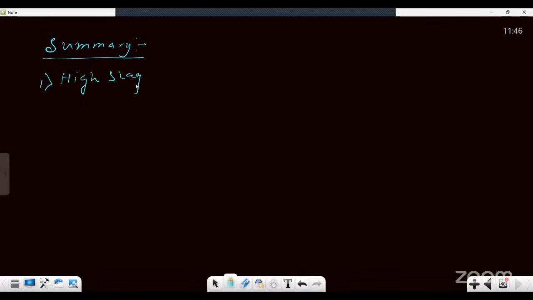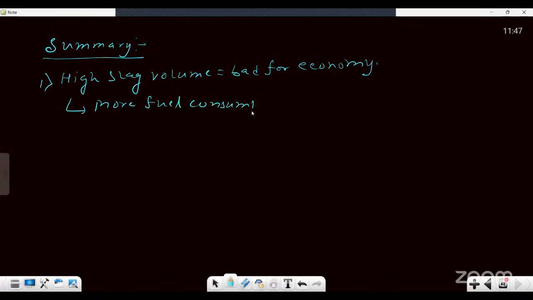High slag volume, what does it mean? It means bad for economy. It is not economical because there is more fuel consumption to melt the extra slag.